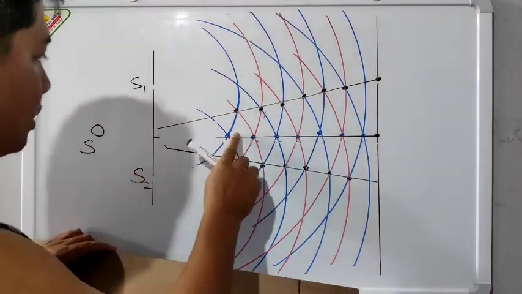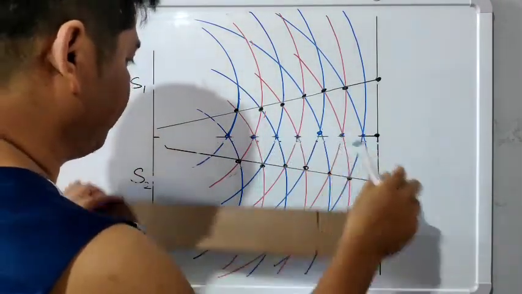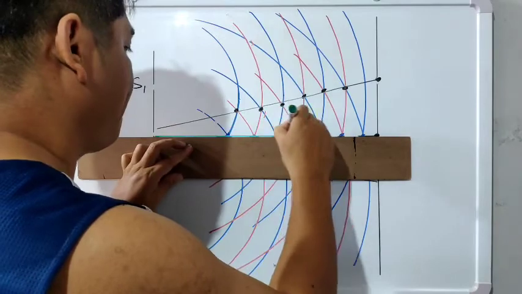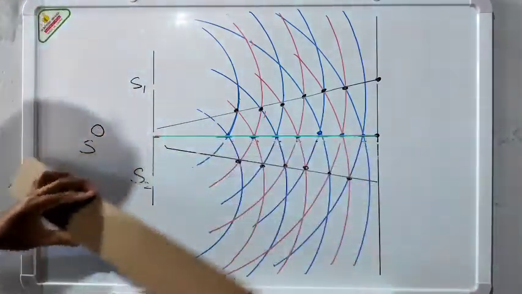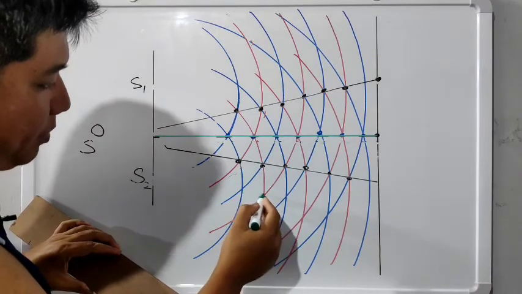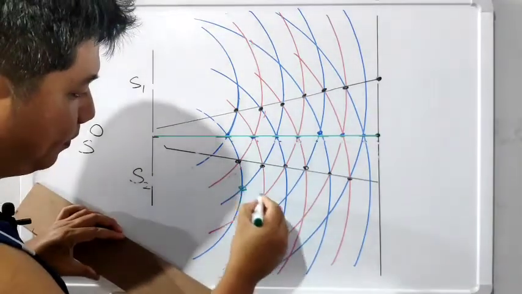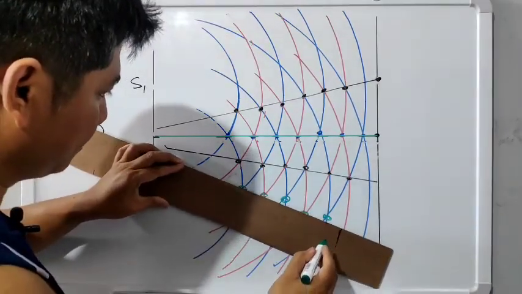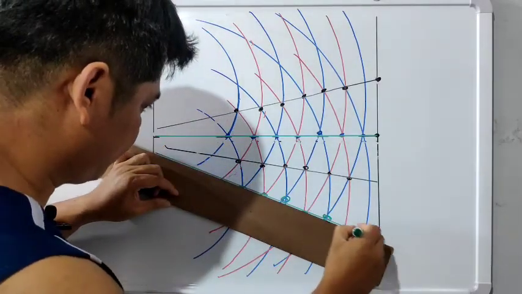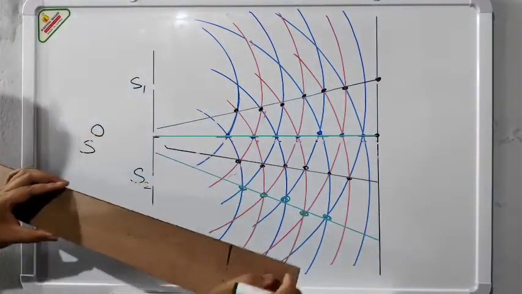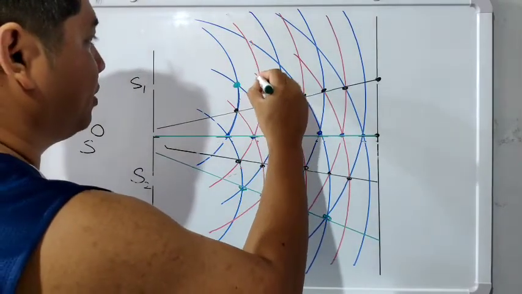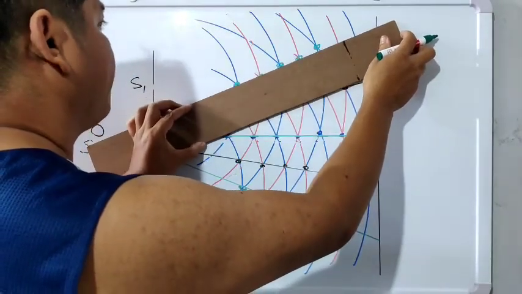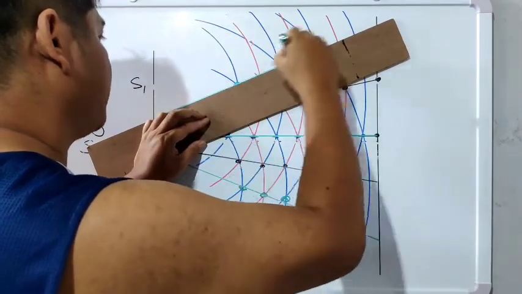Let me draw this in green color. Here, maxima, minima, maxima, maxima. If we join these points, it will be the position of maxima again. Here, maxima, maxima, minima, minima. It will give the position of another maxima.